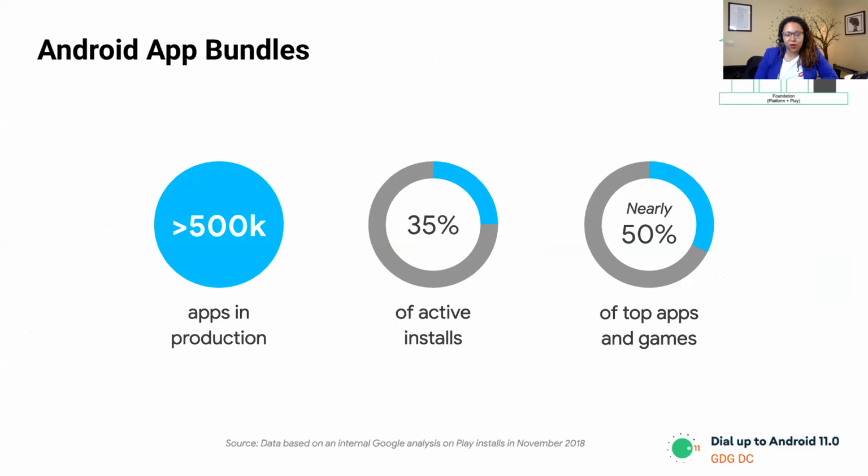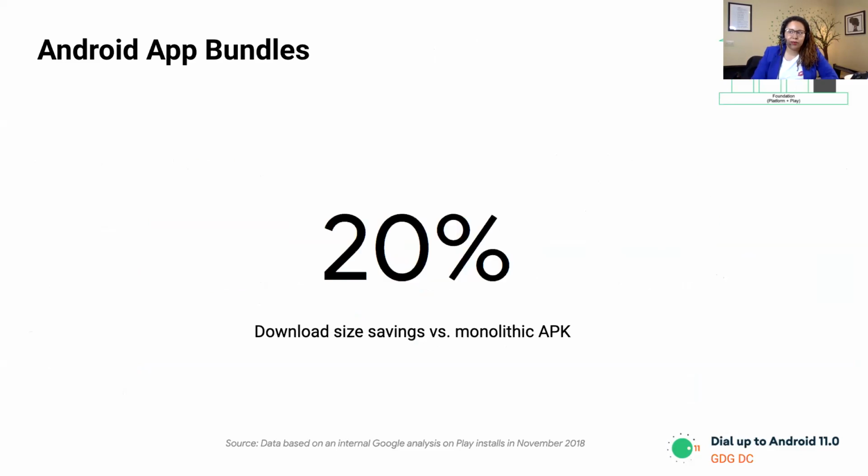I'm curious if you all are using app bundles already. I know we are at my company, and it was actually a pretty seamless move for us. Wasn't too challenging. And I really encourage you to do it because that one switch automatically decreases the size of what's delivered to your users. And typically, you'll see about a 20% download size savings versus a monolithic APK.